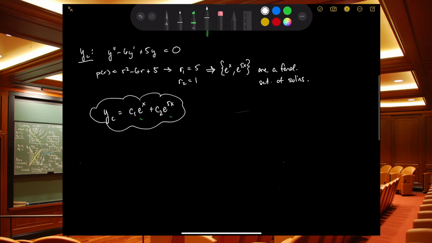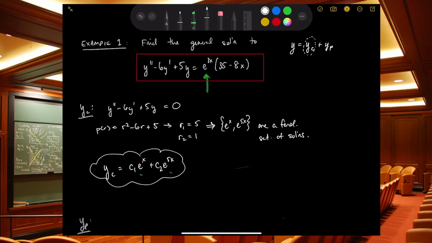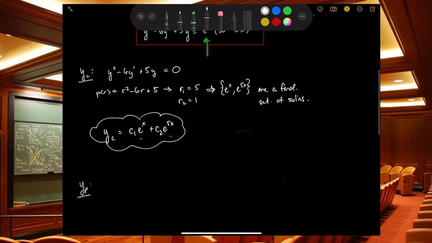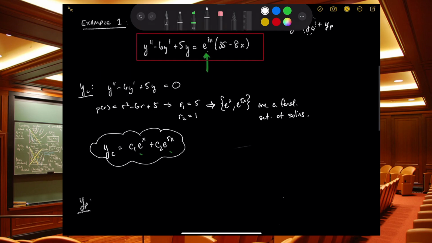But now we want to go in and find a particular solution to this. So we'll treat it in a very, very similar way to that we've done before. We see we've got a product of a polynomial and an exponential function, so we'd hope that my y particular would be of the form e to the 3x times some function, we'll call it u. So let's just say u e to the 3x.